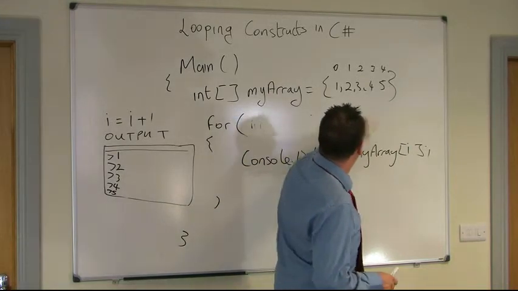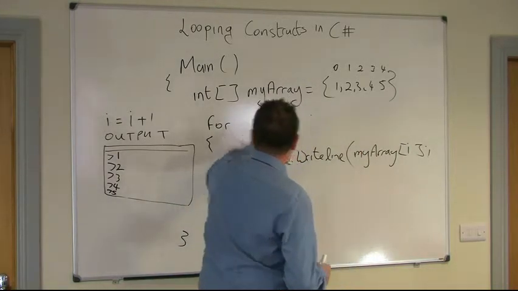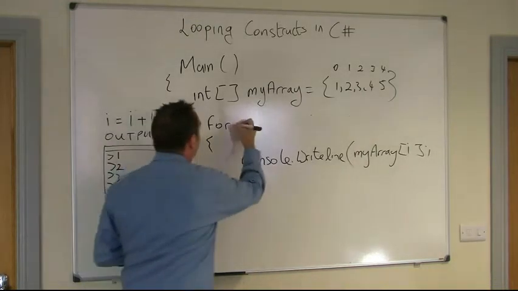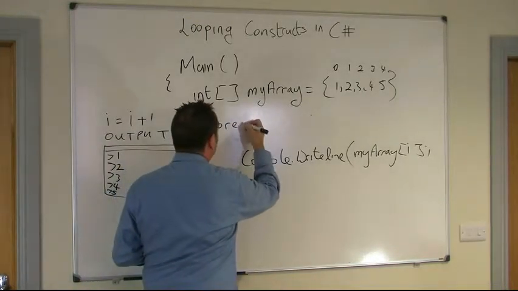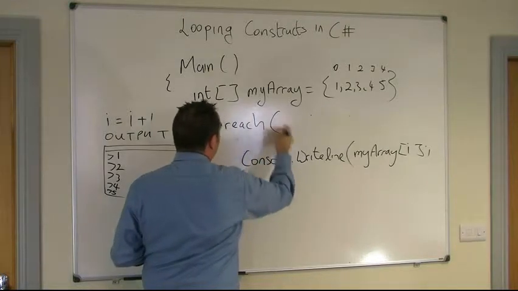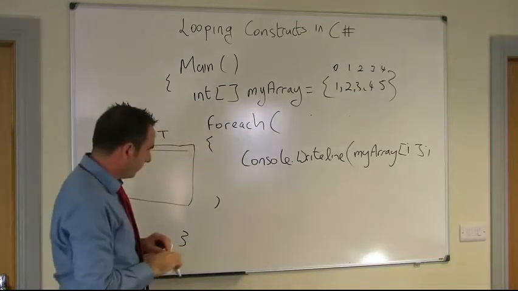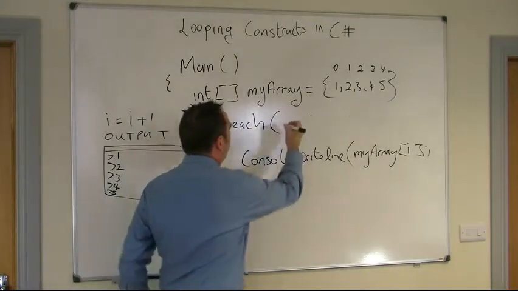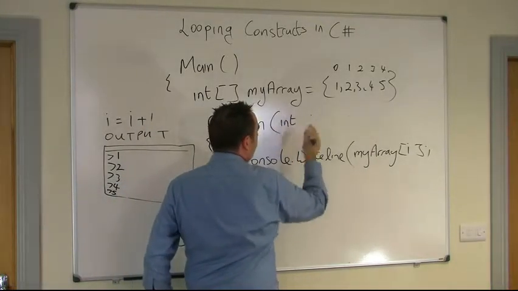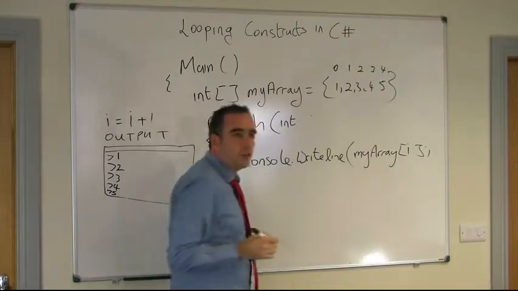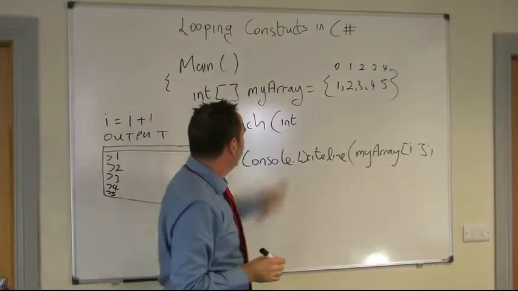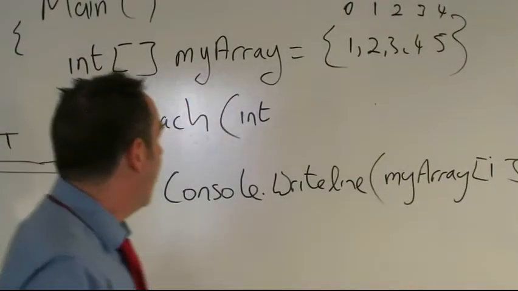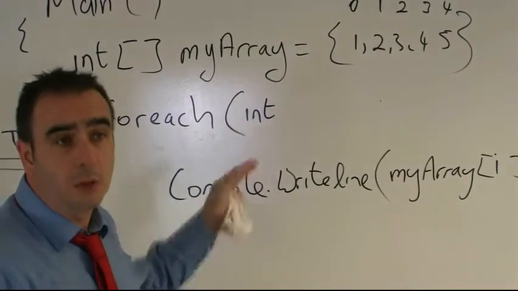Okay, so the for each loop is a little bit different, and we'll just have a look now. So it's foreach, and then we're going to be opening up our bracket. I'm declaring an integer variable here, and what this is going to do is store each value in our array automatically as the loop iterates.